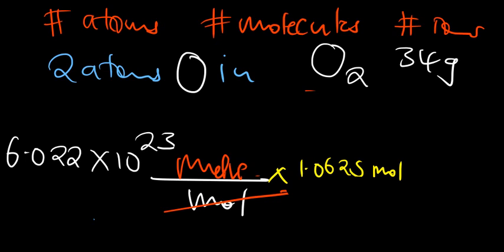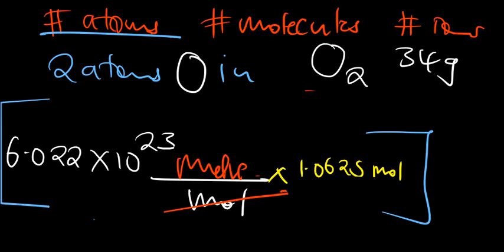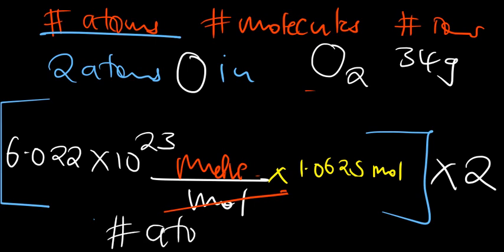So if I'm asked to find the number of atoms, I can just calculate the number of molecules. After I calculate the number of molecules, I know that in each molecule there are 2 oxygen atoms, so I can just multiply by 2. I would have gotten the number of what? The number of atoms. I don't know if you're getting the logic that I'm trying to use here to help you get the idea. Are you getting it?